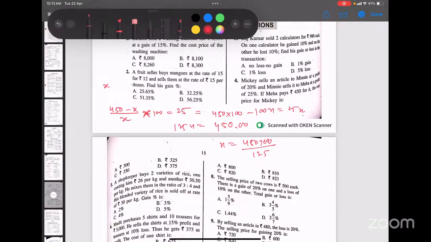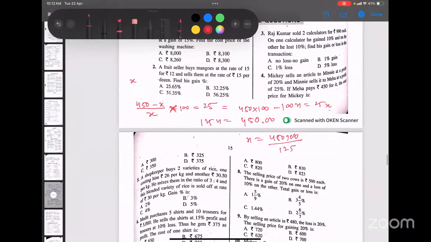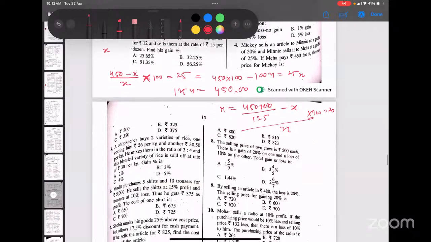Let's say the cost price for Mickey is X. Mini buys it at this amount, so (45000 upon 125 minus X) divided by X into 100 is equal to 20. And this will be how much?